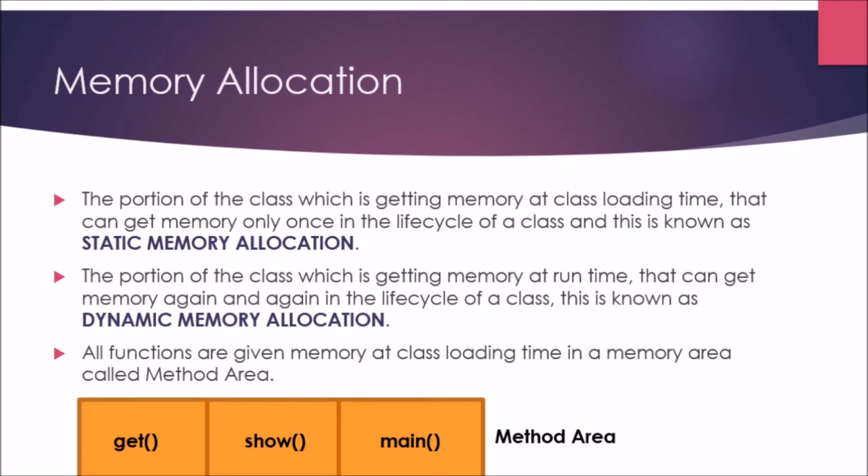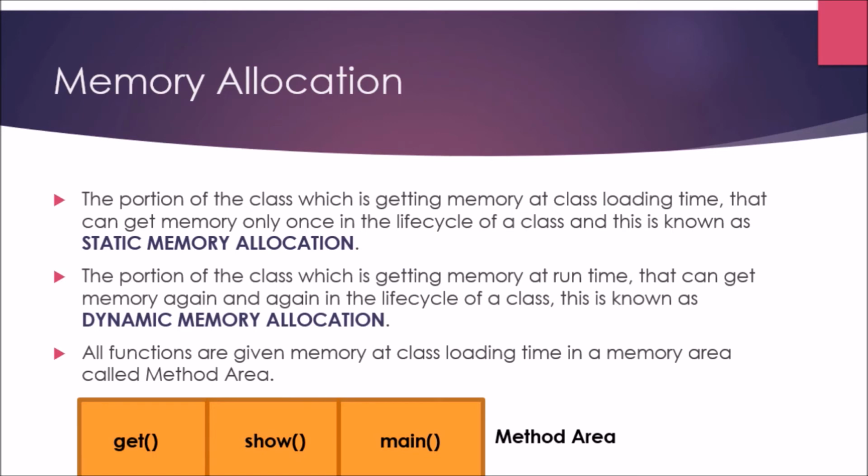Now which portion of the class will get memory dynamically? The answer is the data members of your class, or the objects of your class. Why are data members not loaded statically? Though in this tutorial, the program we have taken, you might say the compiler might have prior information of the data members.